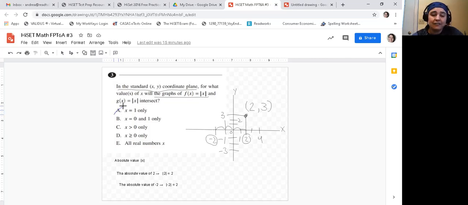So it's not A. It's not B. It's not only when x is 0 or 1. It's not only when x is greater than 0, or in other words, when x is positive, because they have exactly the same values even when x is negative. It's not only if x is greater than or equal to 0, meaning when x is positive and also when x is 0. Actually, it's going to be for all real numbers, okay?